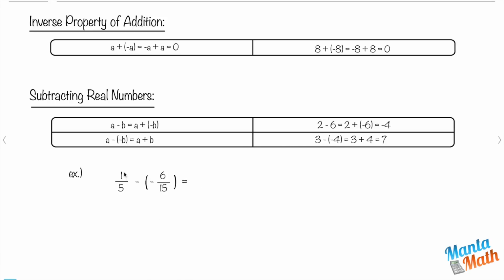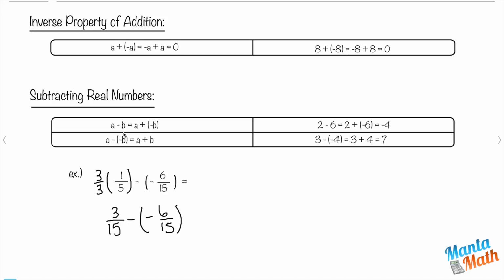Say you're given 1/5 minus -6 over 15. So we want to have a like common denominator, and so we know that 5 can go into 15 if you multiply this by 3 over 3, and this can simplify if you multiply across the numerators to 3 over, multiply across the denominators, 15 minus -6 over 15.